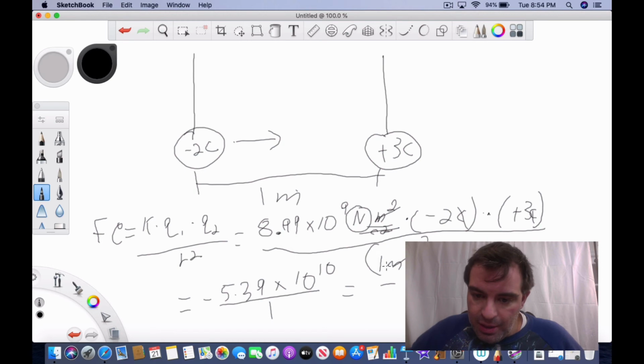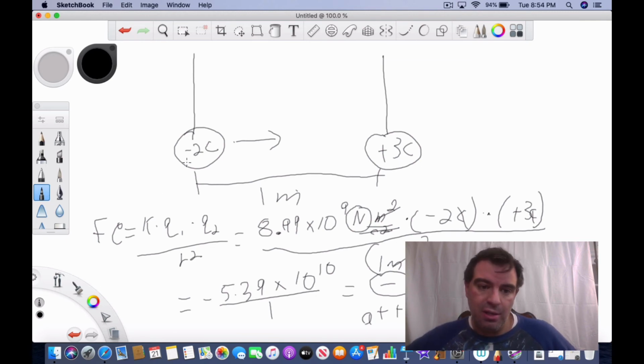Now, the negative sign here is not directionality, but rather it means that the force between them is attractive, not repulsive. You can very easily see this: this is negative, that's positive, exactly as we would expect, an attractive force.